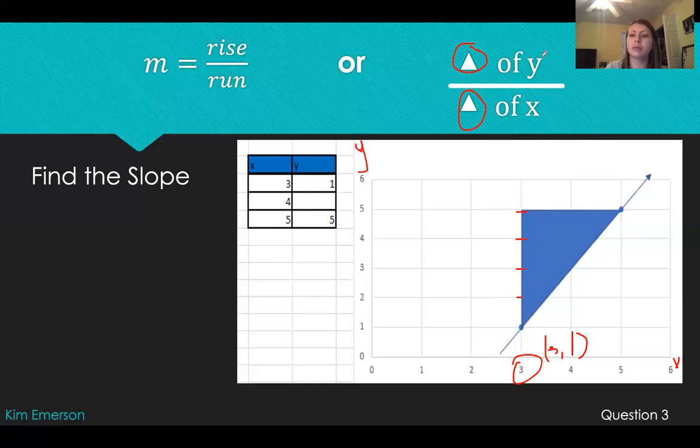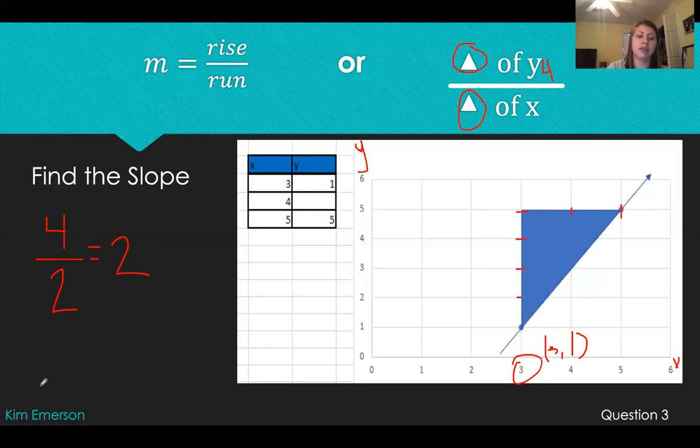So we can go ahead and just put 4. Sorry, you might not be able to see that. So we're just going to go ahead and put the change of y, which is 4, which is also known as the rise. It's the rise of it. So it's 4 and then 1, 2. 4 over 2. And that's the change of x, which is also the run across the x-axis. And then simply you just use math from there. 4 divided by 2 is 2. So then we know that our slope is a positive 2.